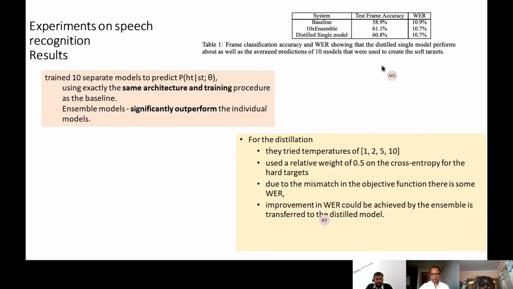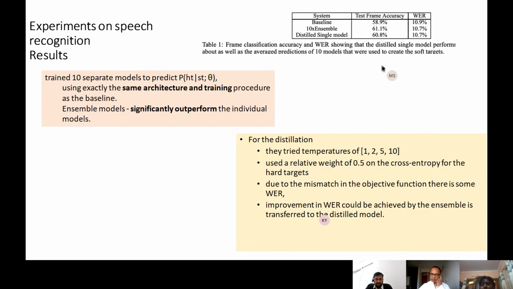Let's talk about another experiment, which is on speech recognition results. They had a baseline model which got a test accuracy of 58.9%, and the WER was 10.9%. They also built 10 separate models and ensembled them to 61.1%, which resulted in 10.7% WER.